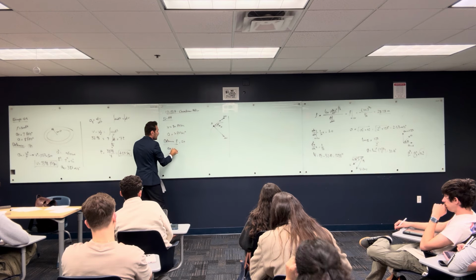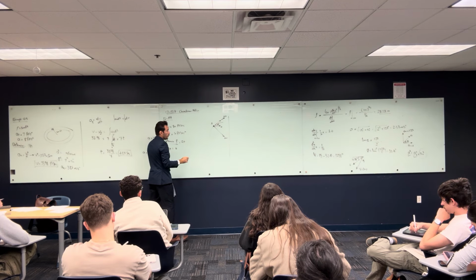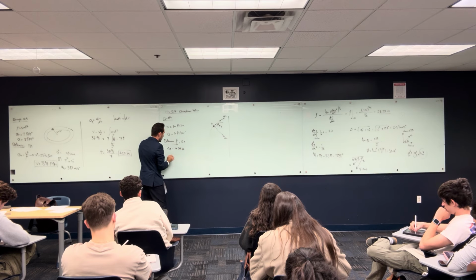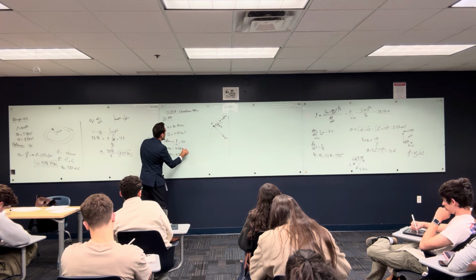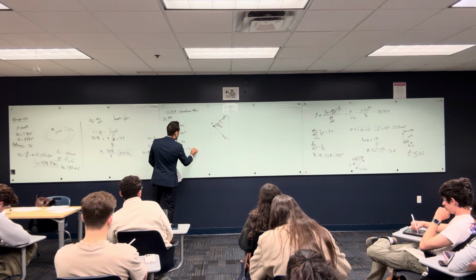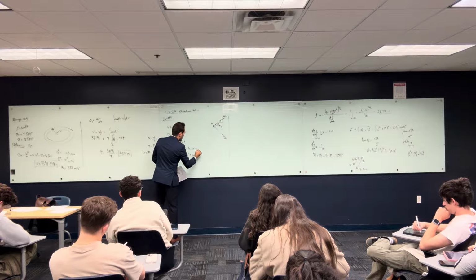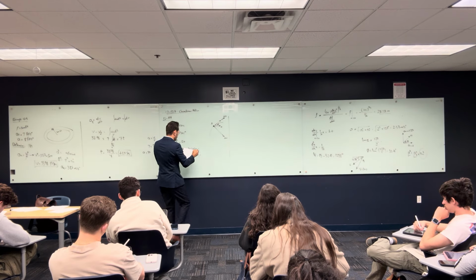So A tangent is equal to A cosine or sine? A tangent would be cosine, no? Cosine 30. How about the A normal? It's going to be A sine 30. So this is going to be 10 sine 30, and this is going to be equal to 8.66.